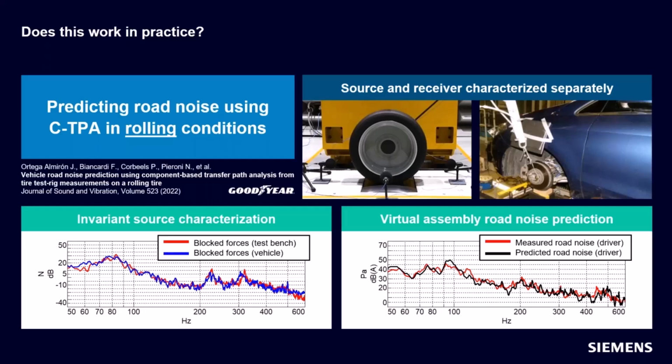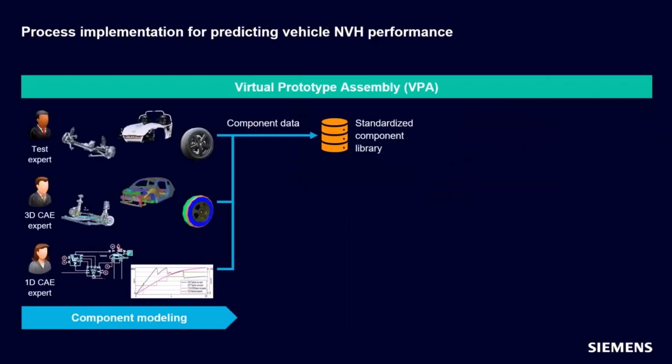So we did this study on an existing vehicle so we could measure the actual response and get our, air quotes, trusted real world answer. And that's the red line. And the black line is the prediction of a virtually assembled vehicle. We see, again, very good agreement between the prediction and the real world measurement, supporting the idea that we can independently characterize these sources and receivers and then virtually put them together.